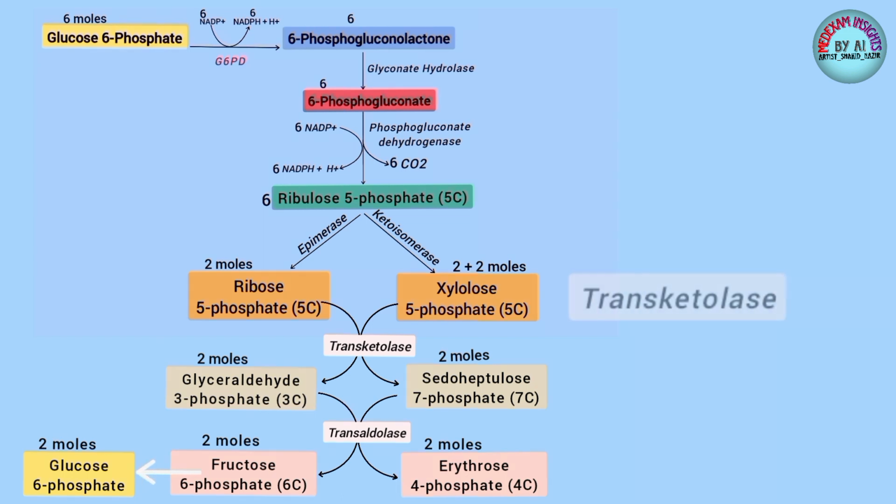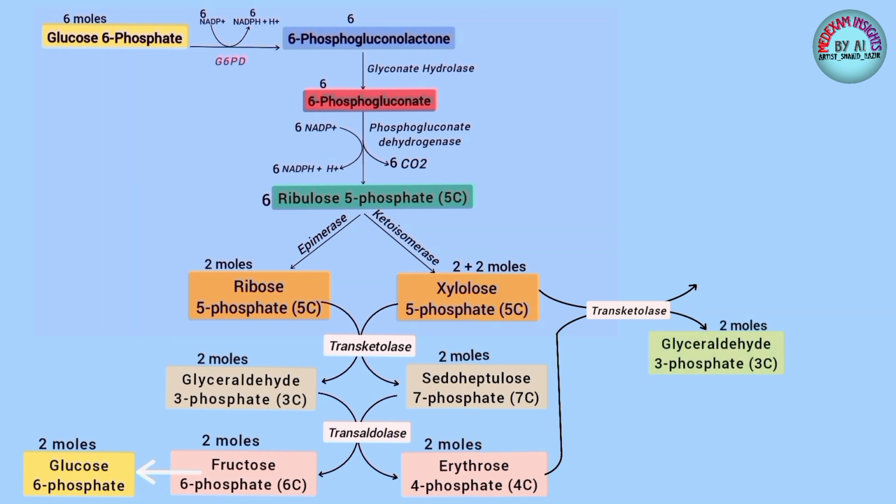Now, transketolase acts on xylulose 5-phosphate and transfers a 2-carbon fragment from it to erythrose 4-phosphate to generate glyceraldehyde 3-phosphate and fructose 6-phosphate. Here the remaining 2 moles of xylulose 5-phosphate and 2 moles of erythrose 4-phosphate are involved to give 2 moles of fructose 6-phosphate and 2 moles of glyceraldehyde 3-phosphate.